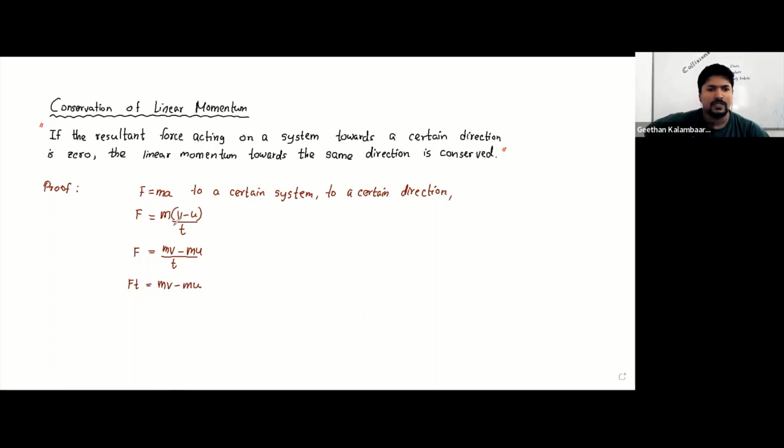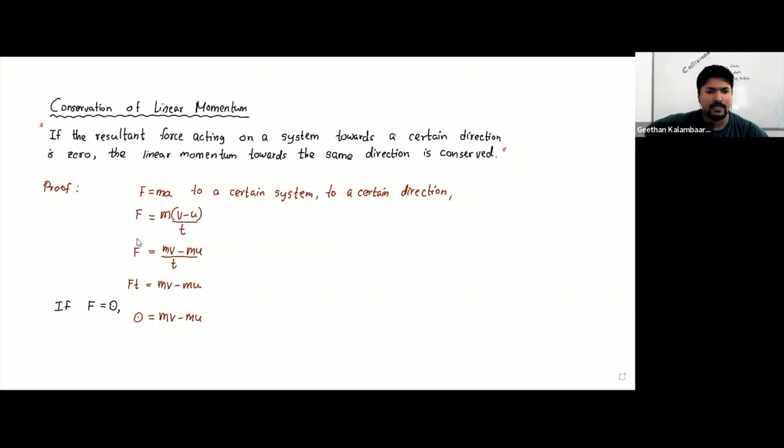In this equation, F refers to the resultant force. So now if F is 0, if the resultant force towards that direction is 0, then I can say the Ft product is 0. So mv is equal to mu.